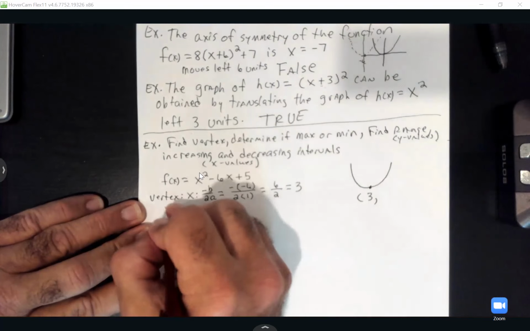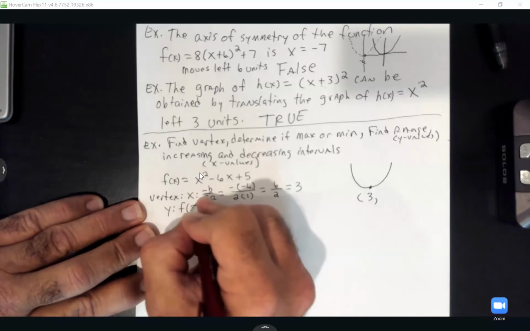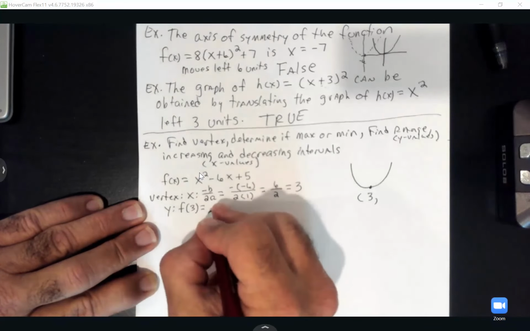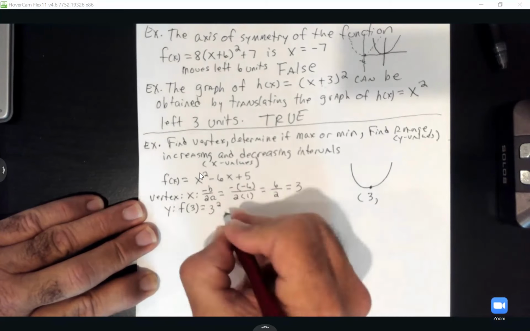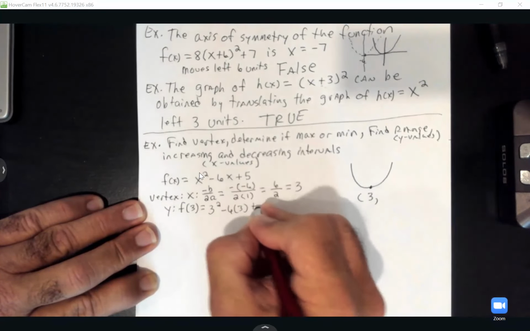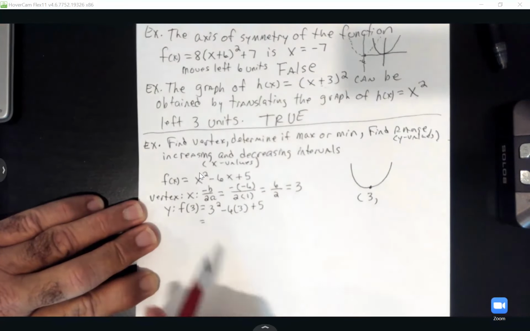So now we're going to get the y value by finding f of that 3. So I'm going to put a 3 in for these two x's. I'll have 3 squared minus 6 times 3 plus 5. All right, y'all, 3 squared is 9.